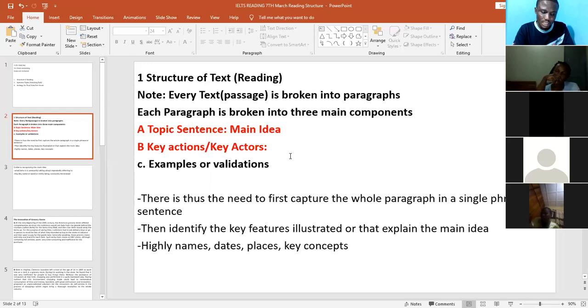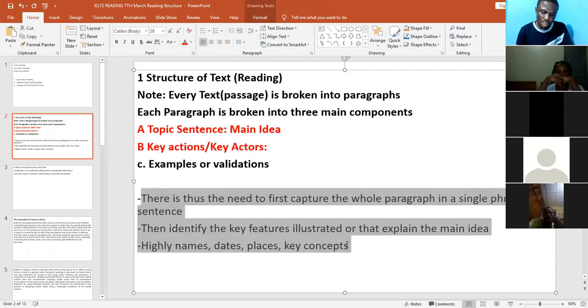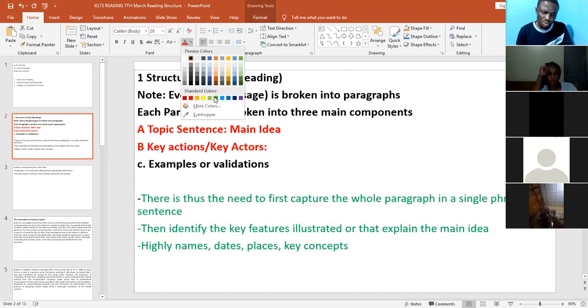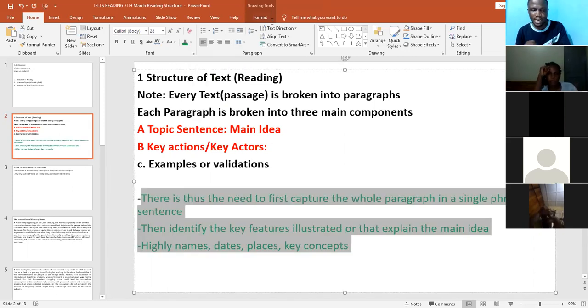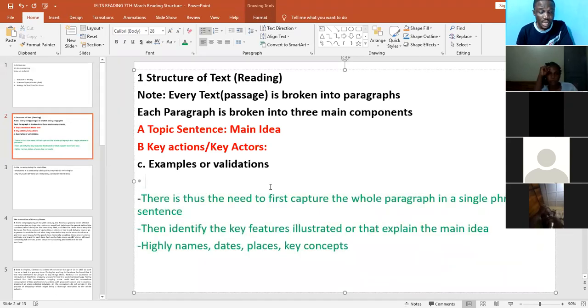So the first thing I will do now is to introduce you to the main idea. All the things that I broke down into A and B, I broke down into this concept that I'm highlighting in green for your sake. So I will go straight into identifying your main idea so as not to be stressed when reading. The reason is that you don't need to cram anything.